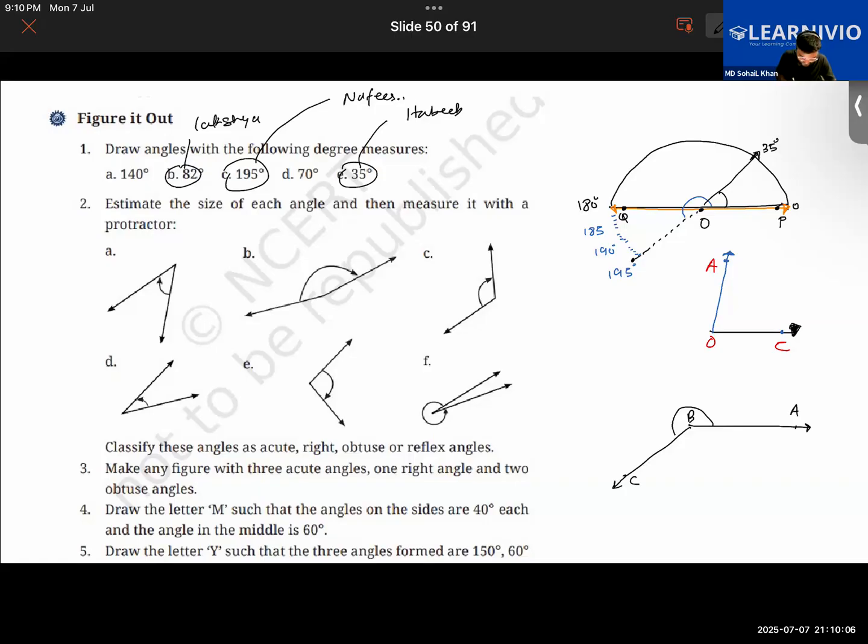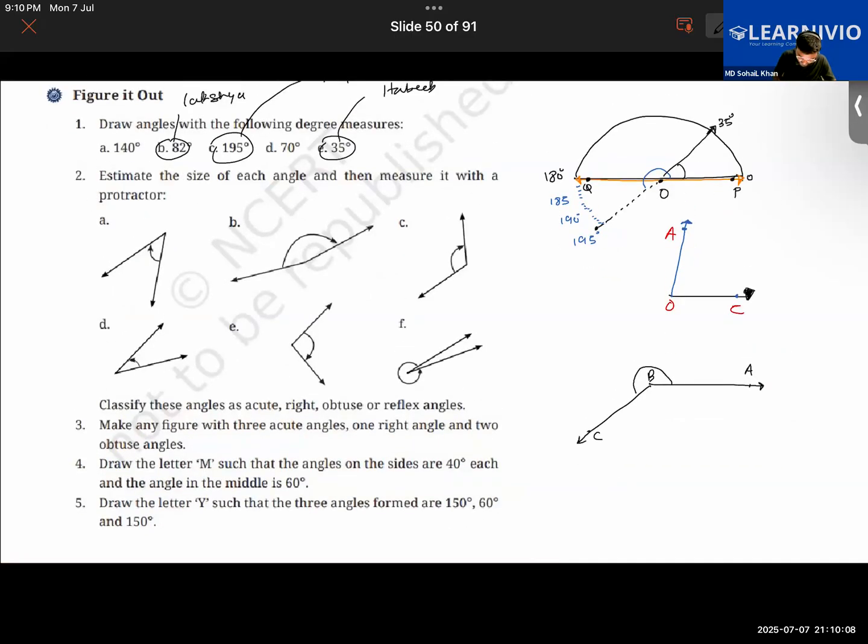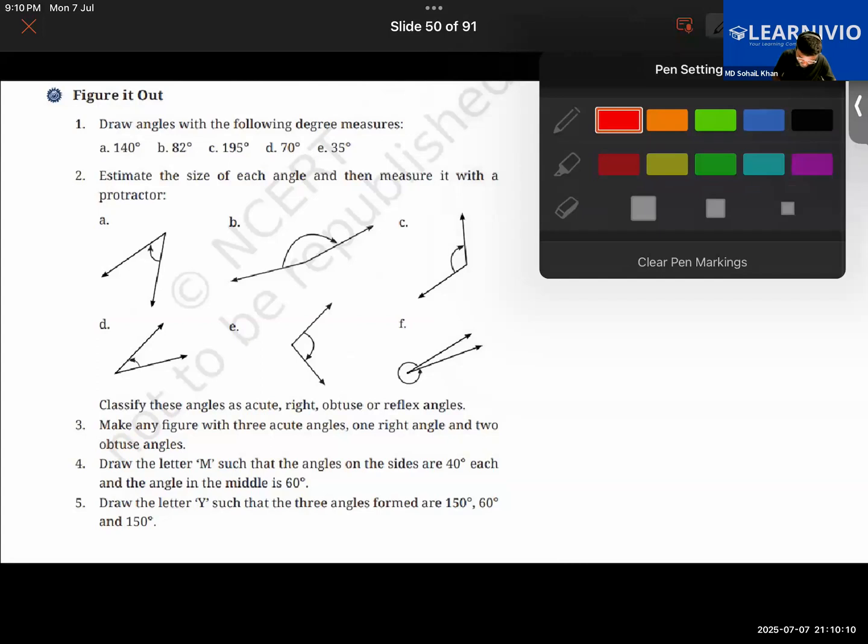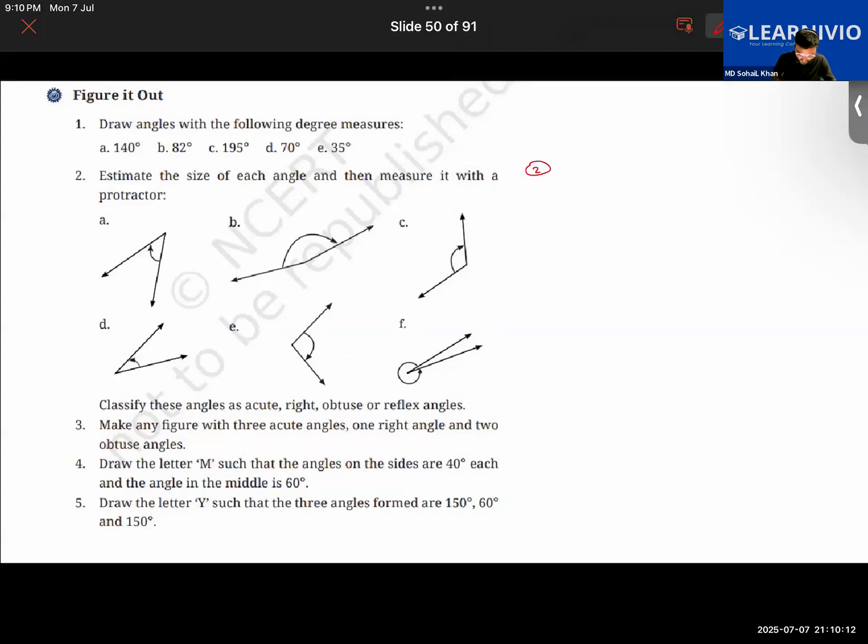You are saying okay. First, we will make a rough guess. Second question, figure A. Let's write it, it's 45. Okay, let's say we were making an estimate of 40 degrees, but the actual angle we have got is 45. Very good, my answer was correct.